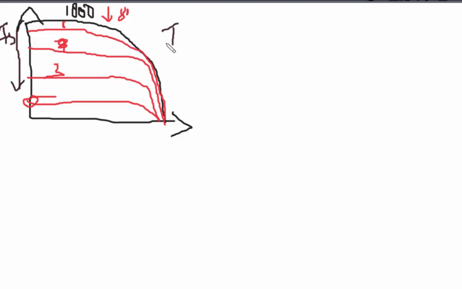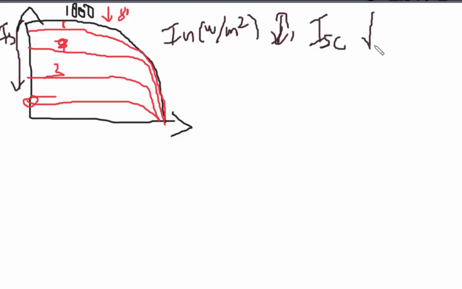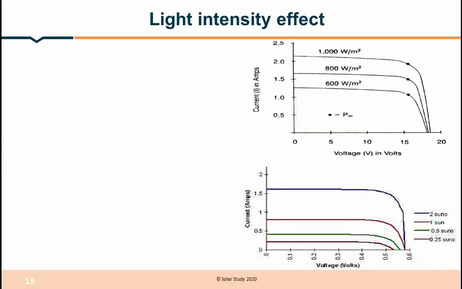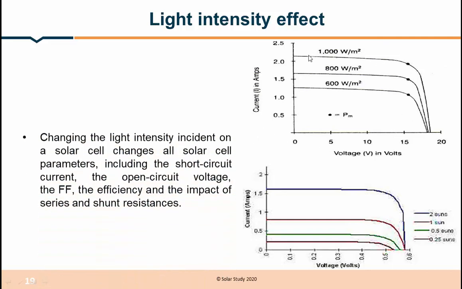When the intensity of light changes, either increase or decrease, the short circuit current also changes. Okay, so this is the main effect of intensity of light on the solar cell. So in this figure you can see how the intensity of light changes.